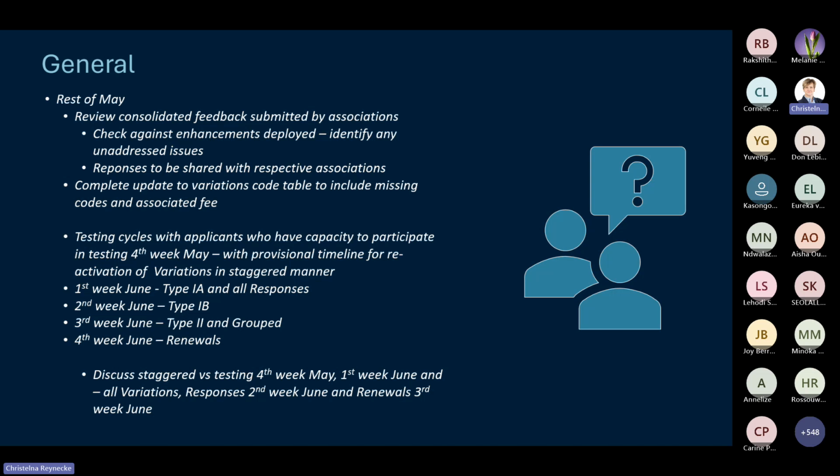I think yesterday when we were discussing this staggered roll on, there was a request also for us to just have the discussion here today, just to gauge what the sentiment is.